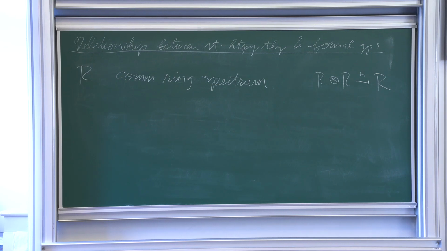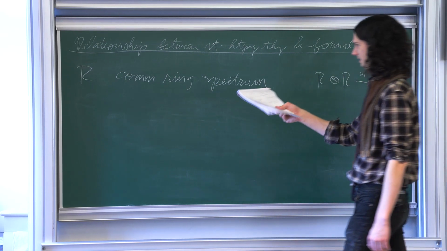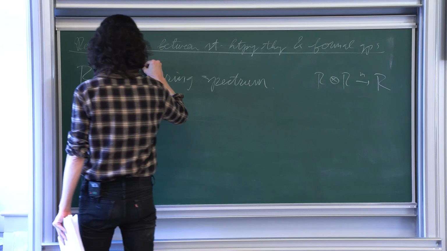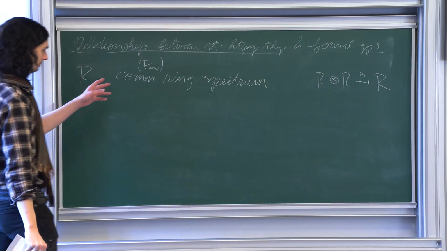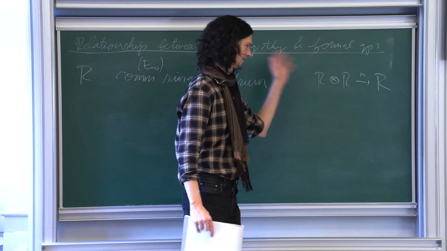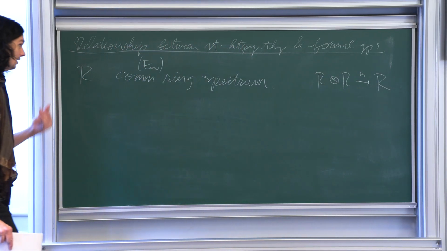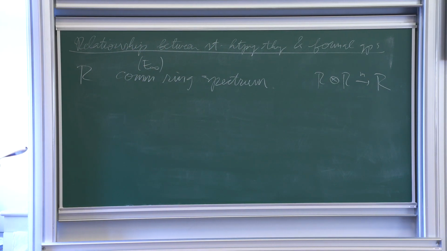But in practice, I want it to be as structured as possible, like E infinity, and I'll be able to guarantee that in the examples I'm talking about. That just means you have all the necessary higher homotopies for it being truly commutative, and to have a well-functioning theory.